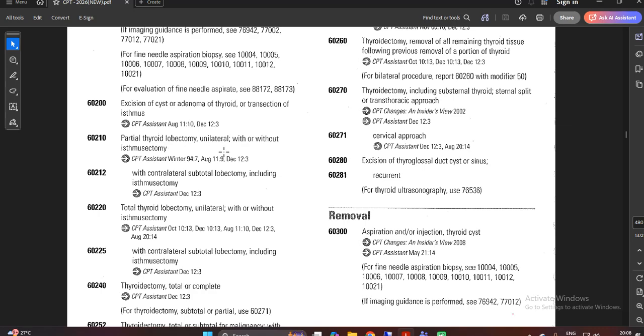Tell me, in this code, what is not mandatory? With or without isthmusectomy, perfect. So you don't need to worry about the isthmusectomy. If the physician performs partial thyroid lobectomy, unilateral, you can code 60210.